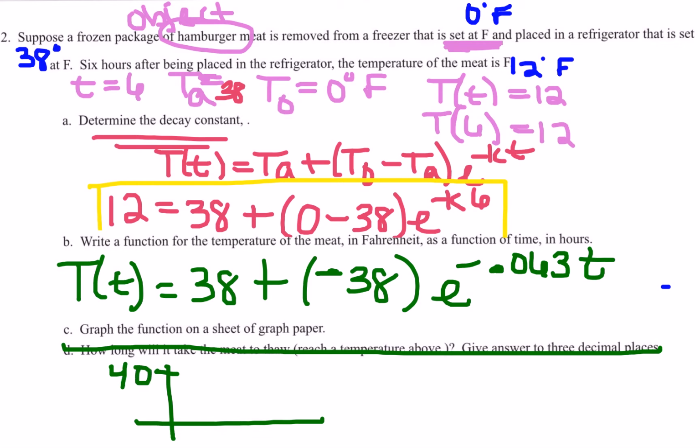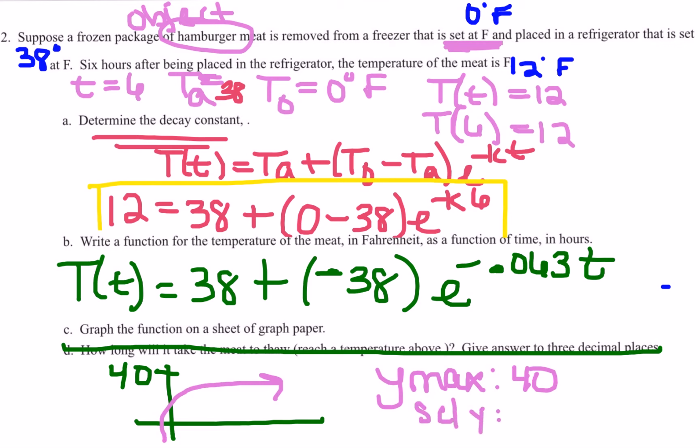Your graph should look like this. Just change your window so that the Y max is at 40, and I would scale the Y with like 10, maybe, to see it nicer. You'll basically see that it's not going to hit the asymptote at 38. That's all.